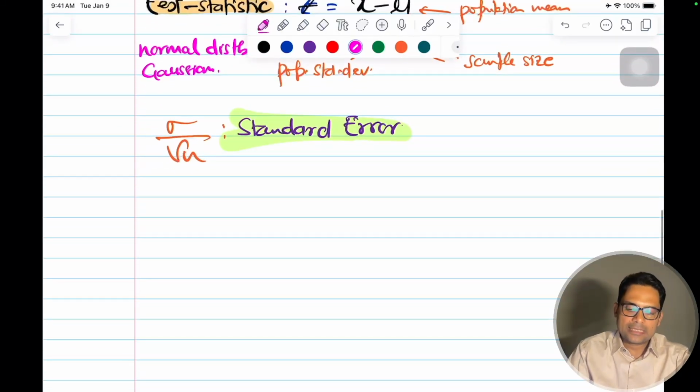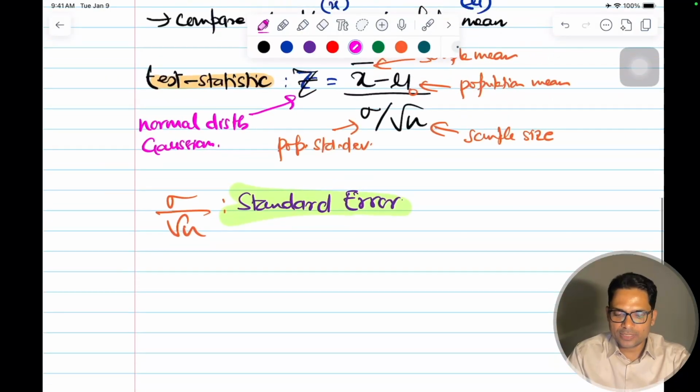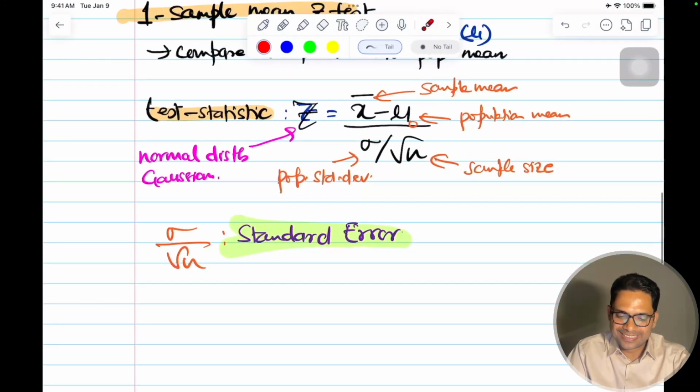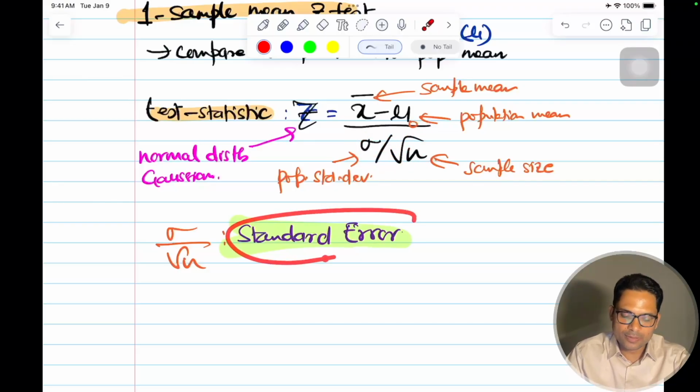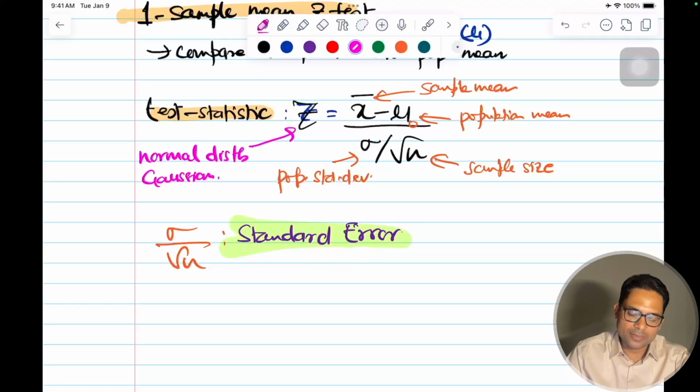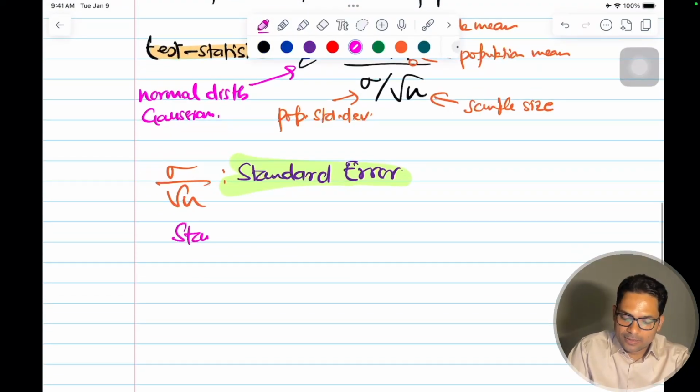Okay, and what we mean by standard error is this: whatever the population standard deviation is, divided by the square root of the sample size. This is called standard error because this gives us the standard deviation of sample means.